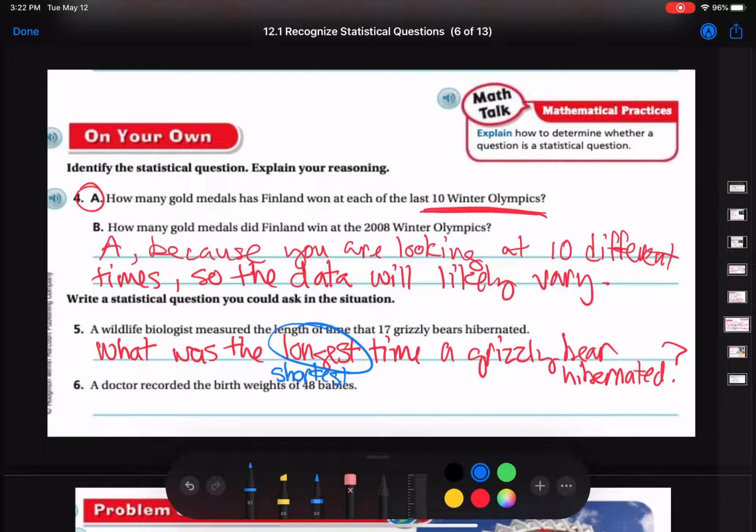Okay, 6. A doctor recorded the birth weights of 48 babies. All right, so think heaviest, lightest, or lowest, highest. So you could say, what was the lightest weight recorded?